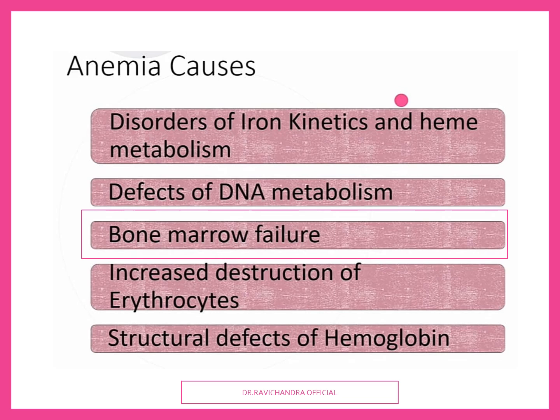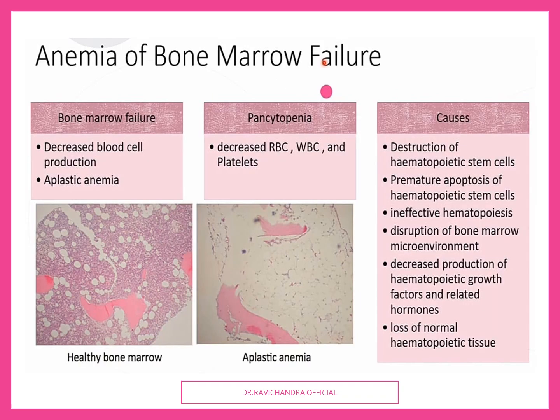The next entity that we are going to discuss is anemia caused by bone marrow failure. In anemia of bone marrow failure, there will be decreased blood cell production. An example is aplastic anemia. There will be pancytopenia: all the RBC, WBC and platelet counts will be decreased in this condition.